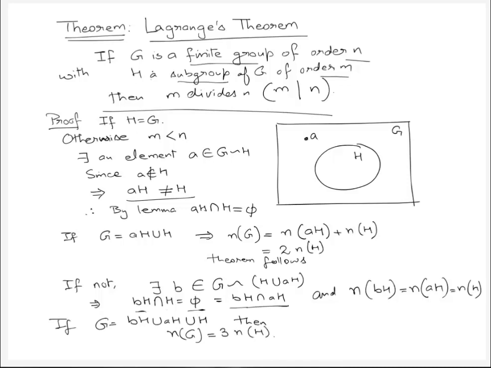But if not, that means there exists an element c such that c belongs to G but does not belong to bH or aH or H. So continue in this manner.